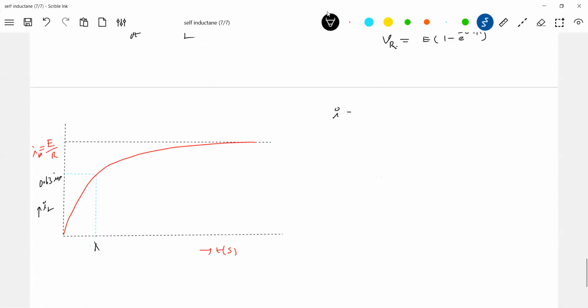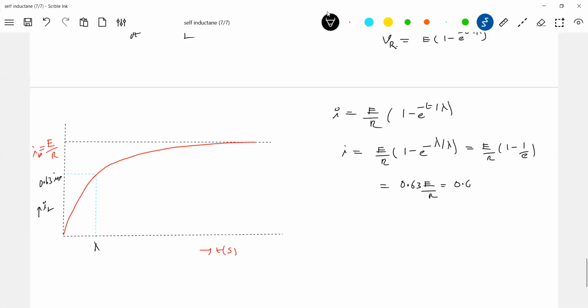So we know this is the expression for current at any time: E by R times 1 minus e to the power of minus t by lambda, which will become 0.63 of E by R, or 0.63 of I infinity. So time taken for the current to become 63% of the final value. This I infinity is the final current that will flow through the circuit.